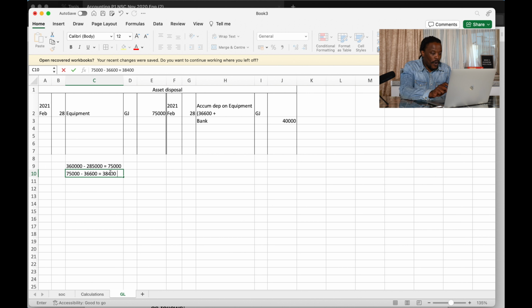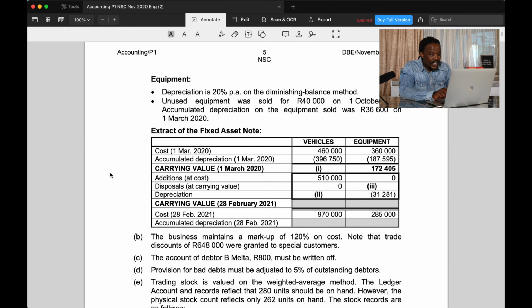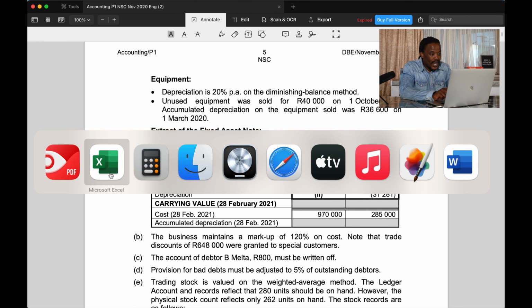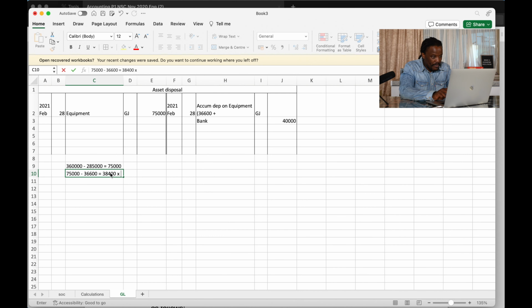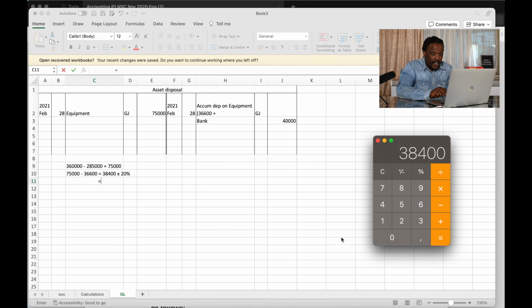Now, 38,400, that's what you multiply by the percentage. The percentage given there is 20%. So 38,400 multiplied by 20%.